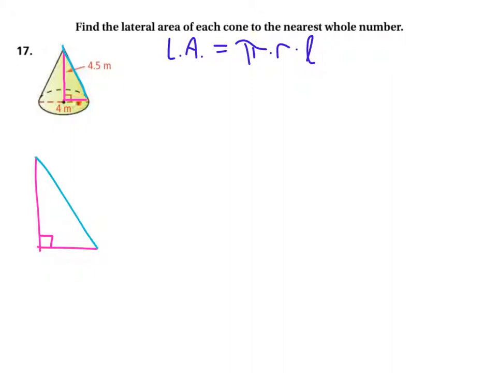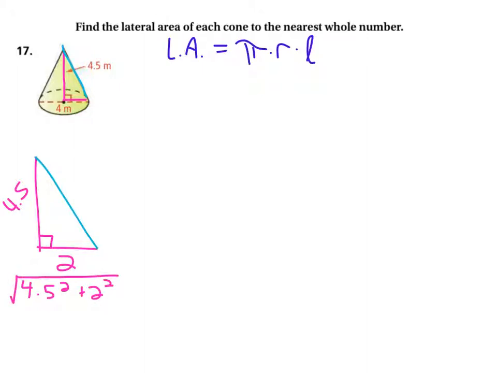So what do we have? If this bottom base, or the diameter of this circle, is 4, then half of it, the radius, which is going to match with this side of the triangle, is 2. They gave us a 4.5 height for that. So we're going to do a squared plus b squared equals c squared, or 4.5 squared plus 2 squared.